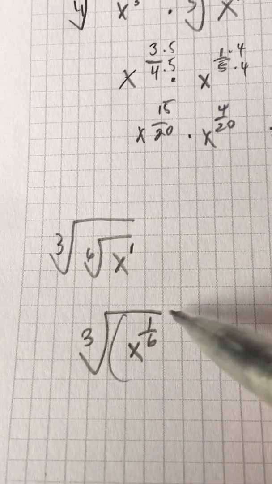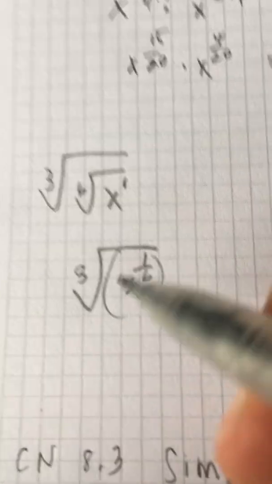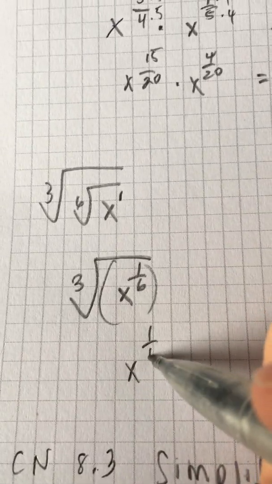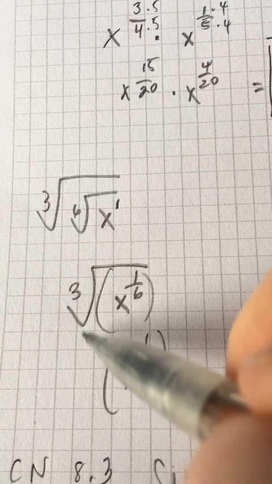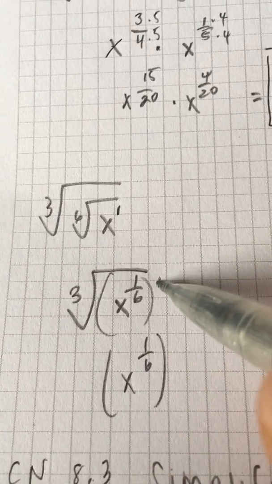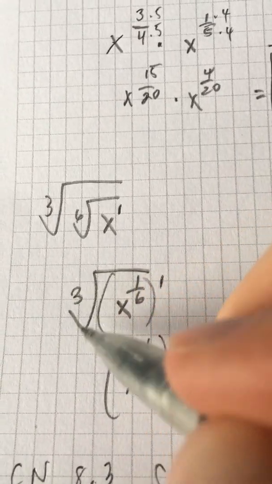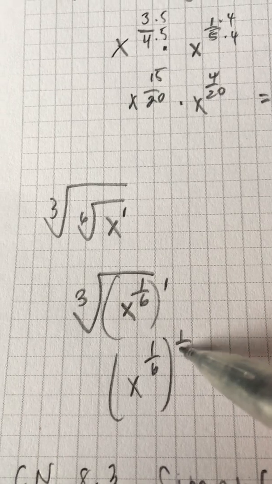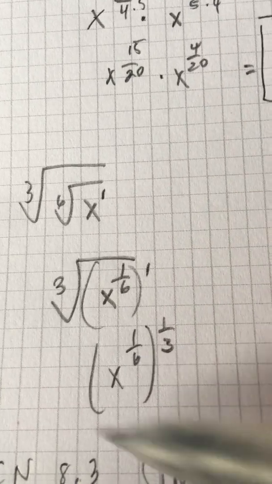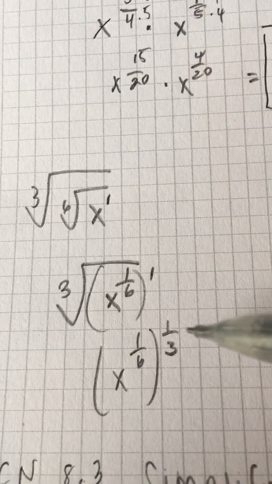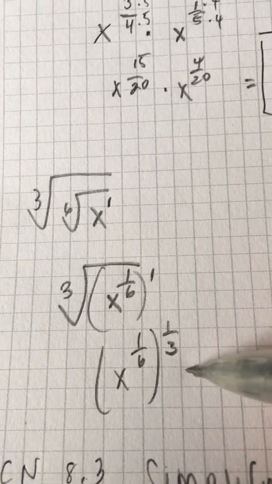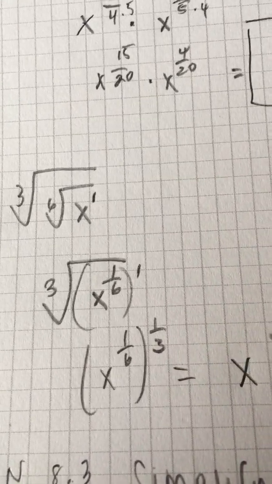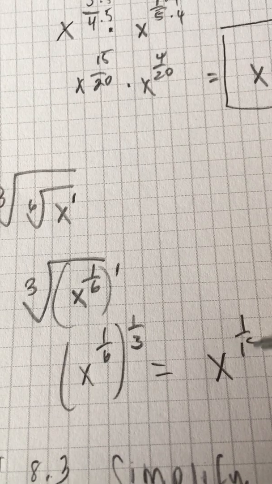And now I need to take the x to the 1/6 and raise it to the, again, hopefully you're thinking this root would mean, the cube root as a fraction is 1/3. Now the rule says parentheses, take your exponent outside and multiply it with your exponents inside. We end up with x to the 1/18.